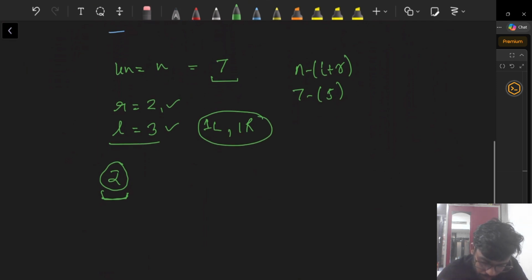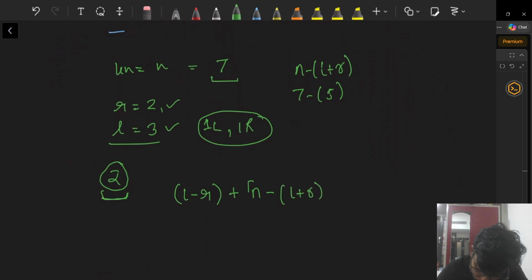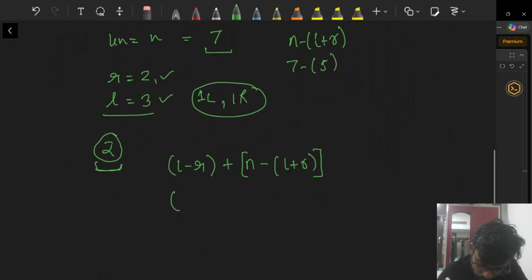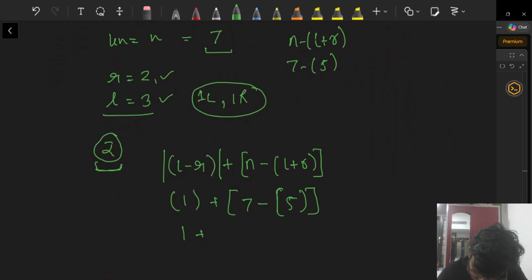So the formula becomes: modulus of L minus R, plus N minus L plus R. Take the modulus because it may be negative as well. L is 3, so 1 plus 7 minus 5, 1 plus 2.